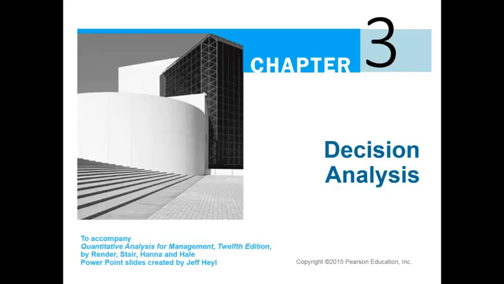As promised, I have a way to look at the decision analysis table, and I'm not using the tree on this one. There's an example of that in your text, and there's an example of how to do this table in your text as well.